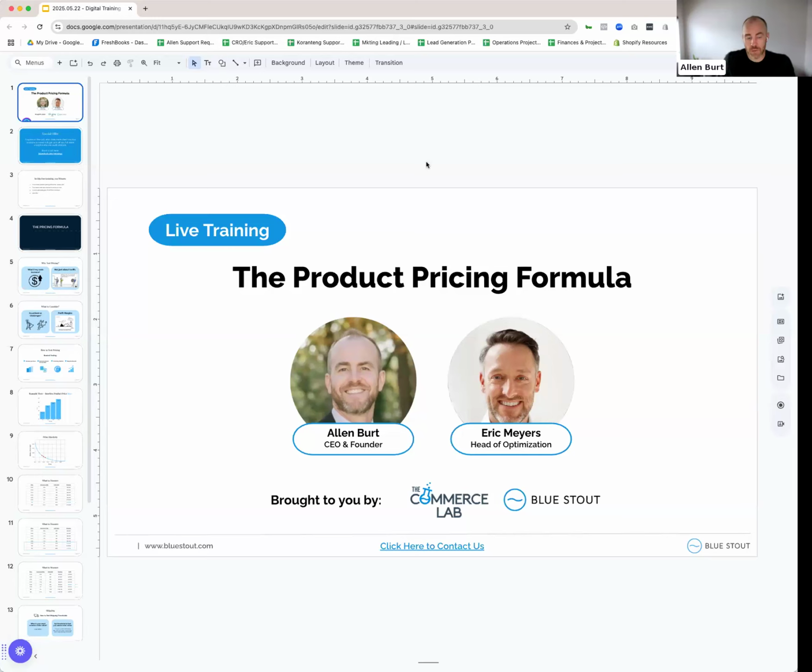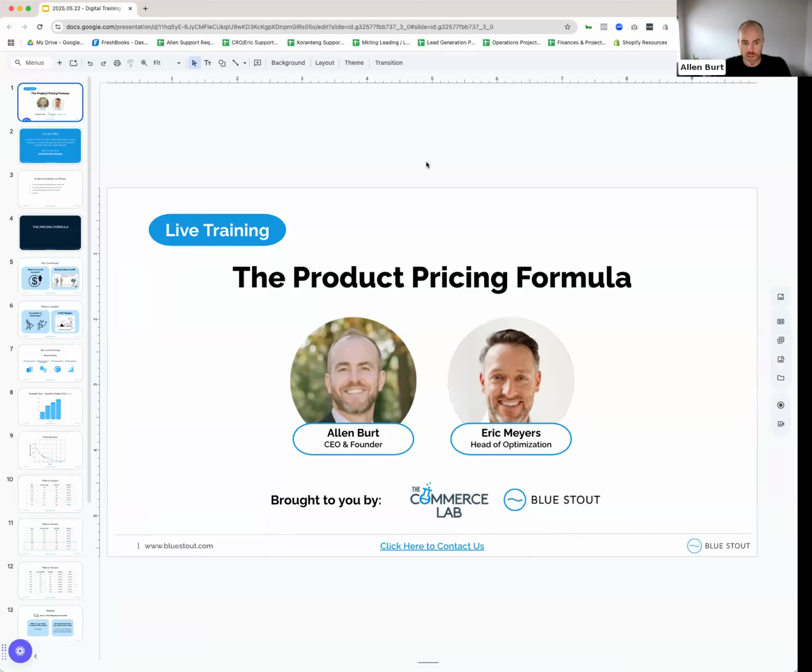The structure for today is we're going to outline our framework for how we think about setting pricing and how to test into the right level of pricing for your brand and your products. Stick around until the end because we will open this up to Q&A. If you have questions more specific to your brand or industry, we're happy to tackle those live.